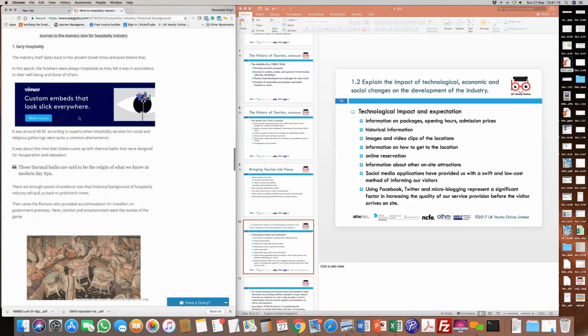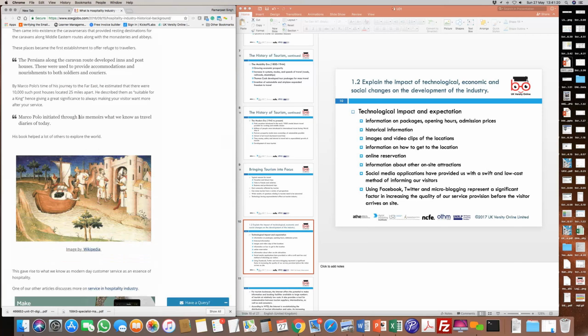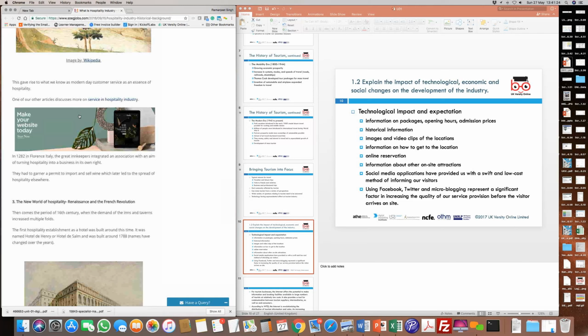If you read this, it will give you a good idea of how this industry has evolved over the years, and the pioneers in helping to set it up. The credit, in the modern context, goes to the French and the British, because they were the ones who established hospitality and the whole setting of travel, tourism, and providing services related to food, leisure, entertainment, and things like that.